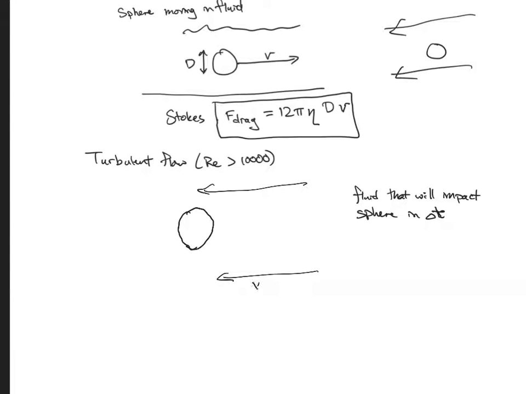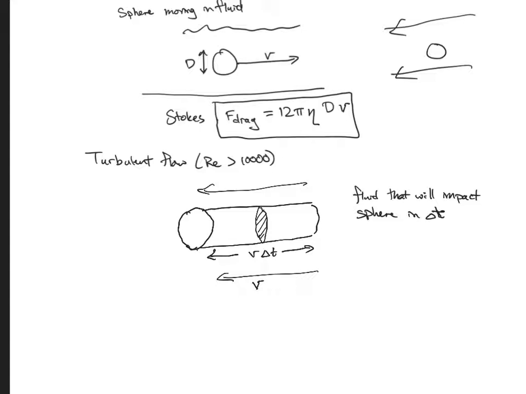So the fluid is traveling with a speed v. So the part that's going to hit it in a time delta t has a length v times delta t. So all the fluid in this volume, which has a sort of circular cross section, is going to hit the sphere in this time.